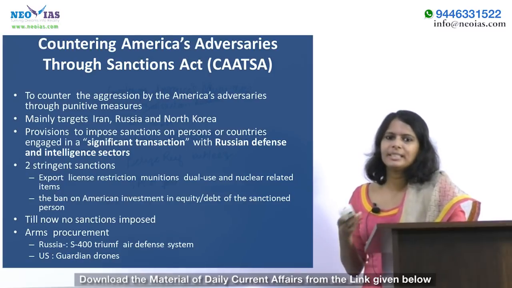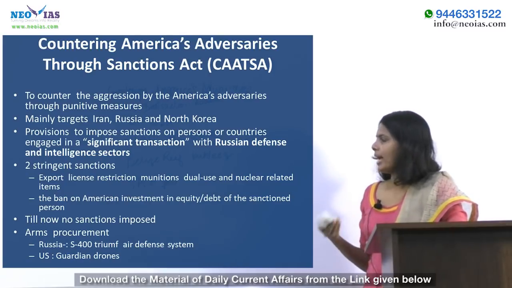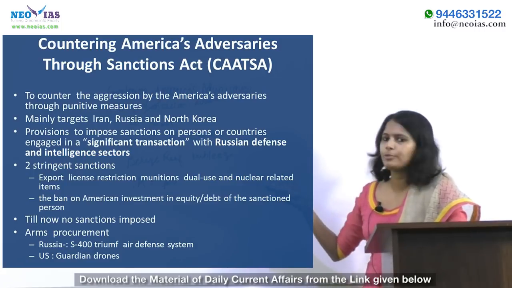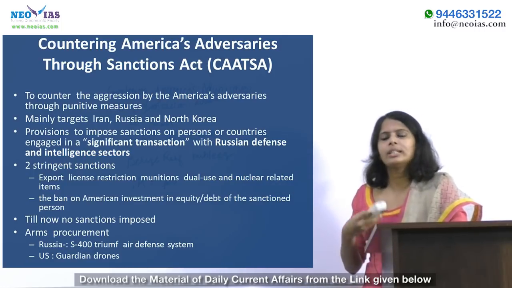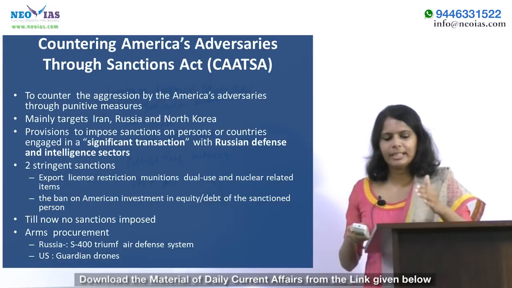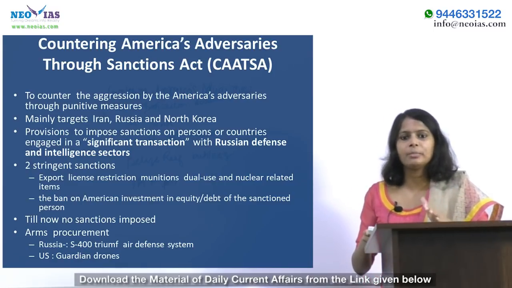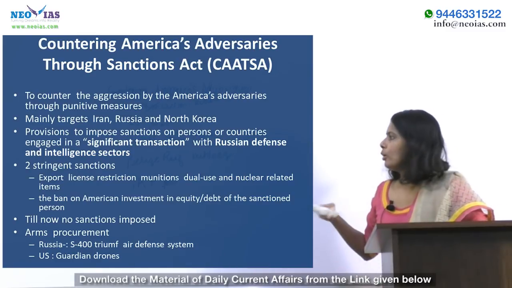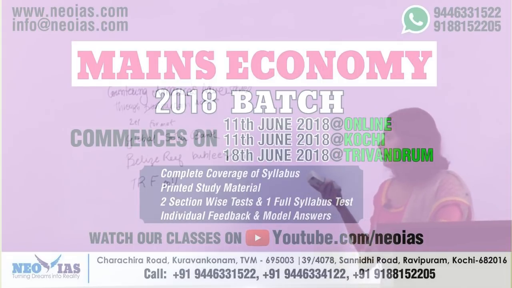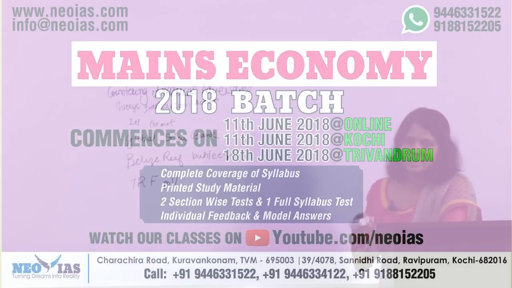If this act is implemented, India's planned procurement from Russia, particularly the S-400 air defense system, will come under the immediate scanner of US authorities. If restrictions are imposed on India, this will also affect the potential buying of the Guardian drone from the USA.